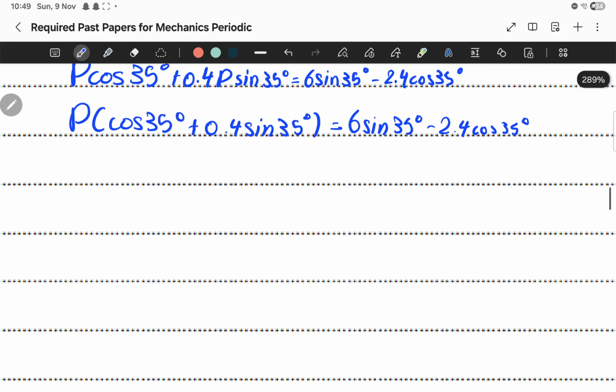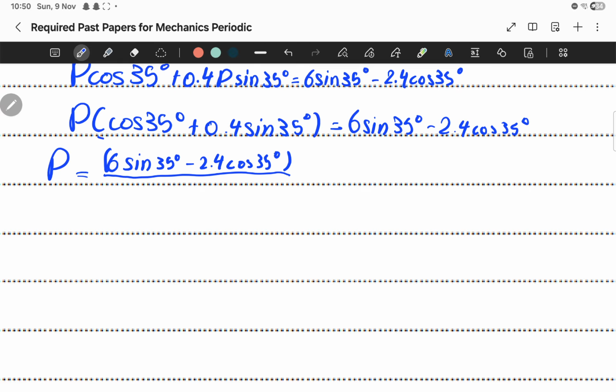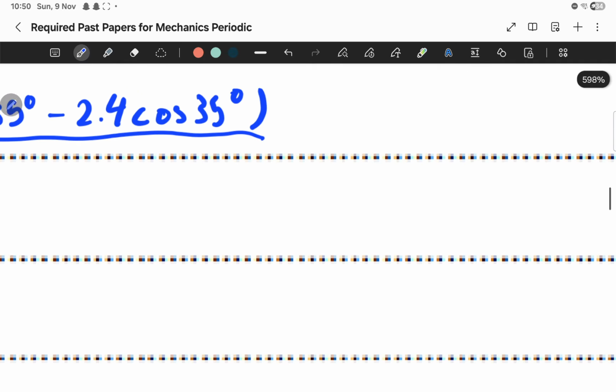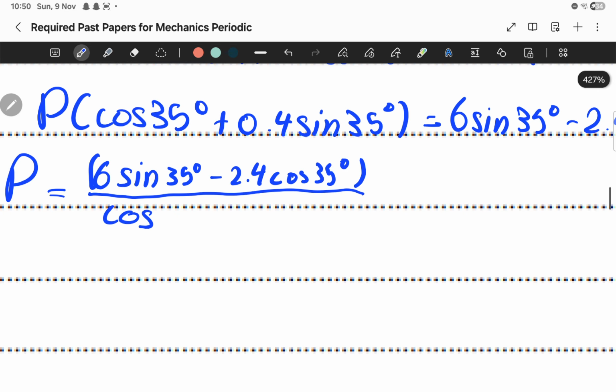Now I can divide both sides. So p is equal to 6 sine 35 degrees minus 2.4 cosine 35 degrees, in brackets, divided by cosine 35 degrees plus 0.4 sine 35 degrees, in brackets.